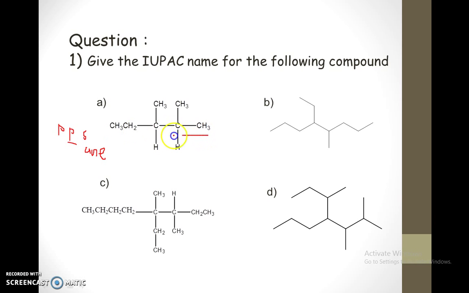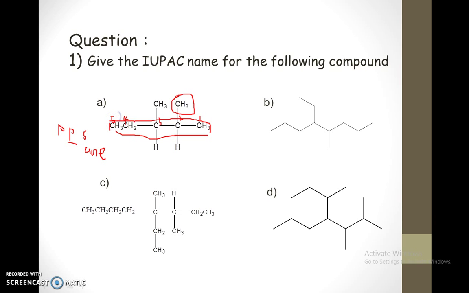So if you notice, this is the longest carbon chain. How to start the numbering? You have to give the lower number to the substituent nearest to the carbon here. So 1, 2, 3, 4, and 5.